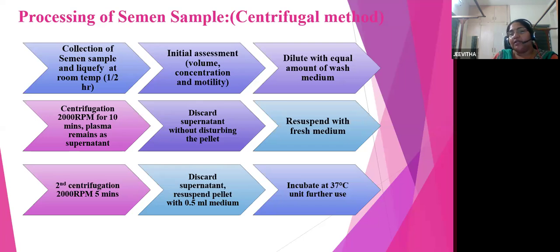You assess the initial type of the semen sample: volume, concentration, and motility. You dilute it with an equal amount of washed medium or buffer. You centrifuge it at 2000 RPM, rotations per minute, for 10 minutes, and the plasma remains as a supernatant. After discarding the supernatant, you add fresh medium, and then a second centrifugation goes on for 5 minutes. Again, discard the supernatant and add 0.5 ml of your medium.